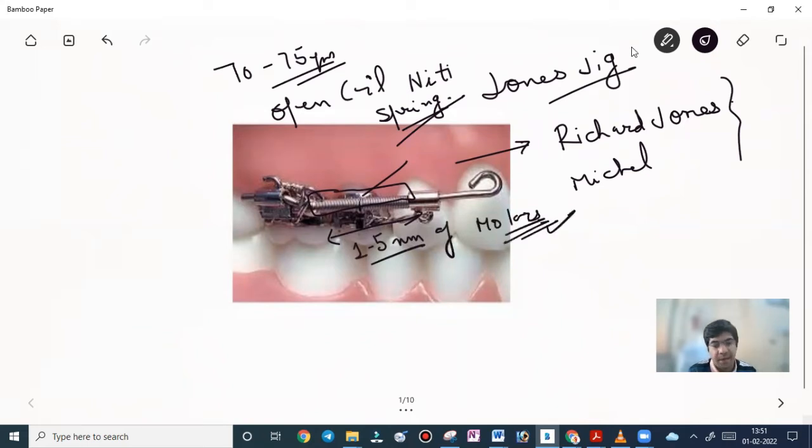Remember, this appliance is capable of producing maxillary molar distalization with second molars erupted or unerupted in the mixed or permanent dentition or in the growing or non-growing individual. So Jones jig assembly, what does it consist of? It consists of bands on the upper second premolar that is attached to the Nance palatal arch.